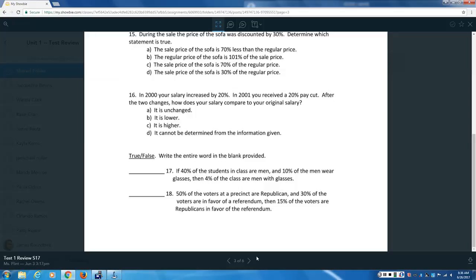Number 18 says 50% of the voters at a precinct are Republican, and 30% are in favor of a referendum.